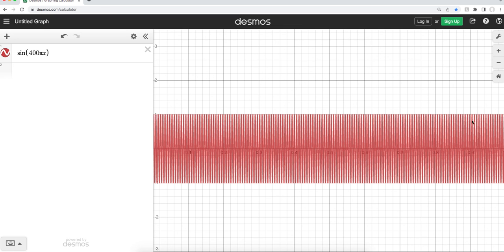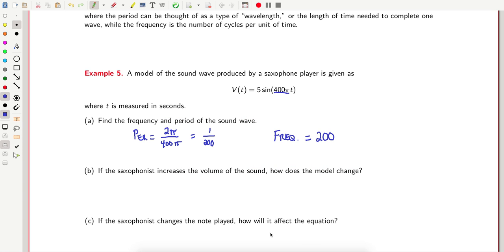But we have 200 of these waves in this 0 to 1 interval. All right, and that's, again, 200. If this is in seconds, this is 200 hertz. Part B: if the saxophonist increases the volume of the sound, how does the model change?